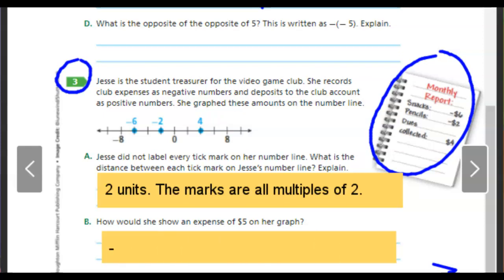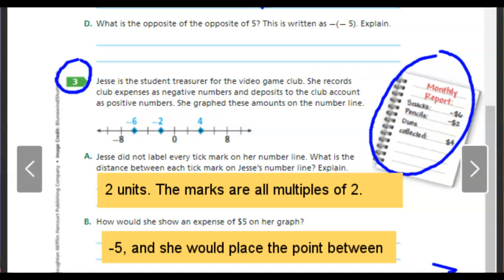It would be -5, and she would place the point between -4 and -6. Since she counted by twos, -5 would be in between, right there in the middle. So -2, -4, -6, right here in the middle would be -5.